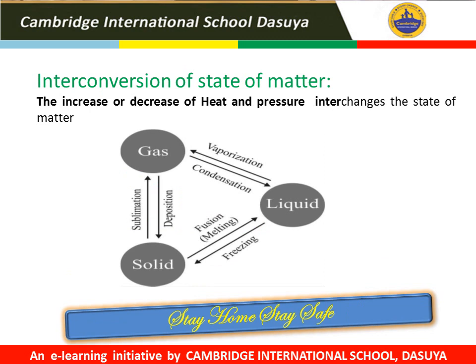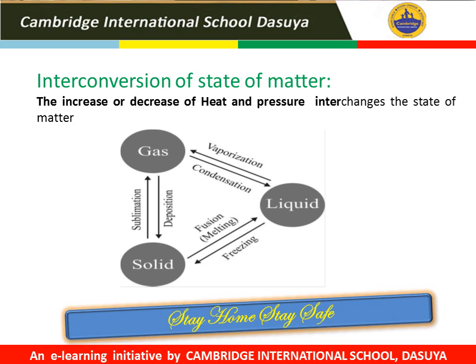Now let us see the interconversion of states of matter. What are the factors which will interconvert the states of matter? Heat and pressure. These are the two factors which cause the interchange of the state of matter. In the figure given here, you must be seeing that there are 3 points, gas, solid and liquid, and they are all cyclic, that is, they are interconverting to one another.